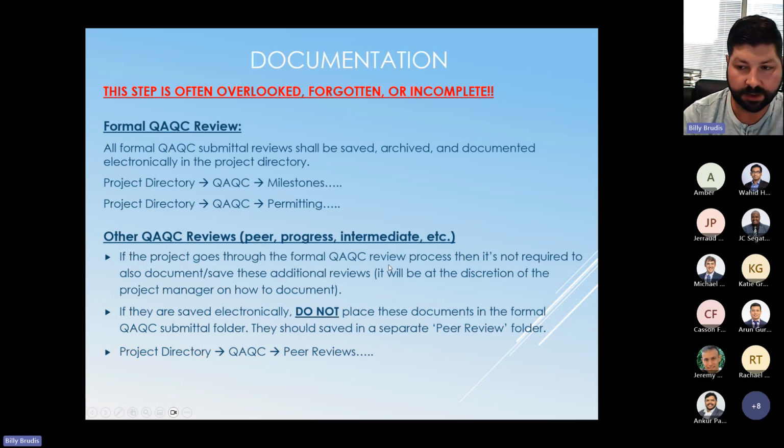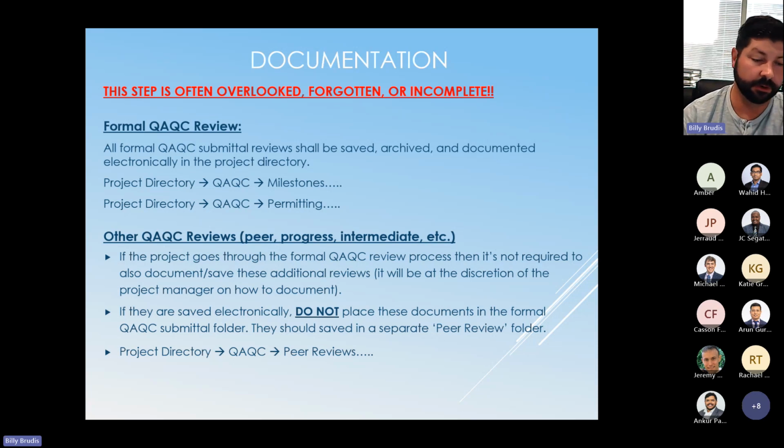If it goes through the formal process, or if it doesn't have to go through it, we should still save some things in there, but it's up to the project manager on how to document that stuff. Don't place these documents in the formal QAQC submittal folder.